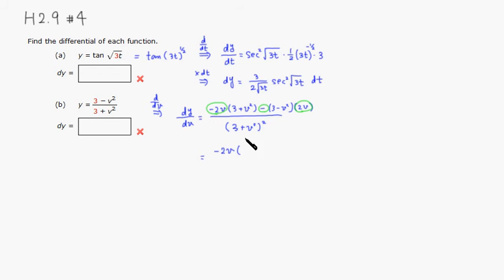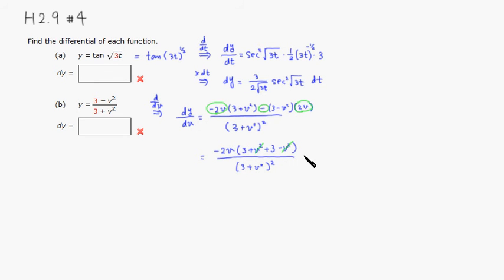So you have a 3 plus v squared plus 3 minus v squared, over 3 plus v squared, squared. You can see that v squared and v squared cancel out. So that would be 6 times 2, which is 12.